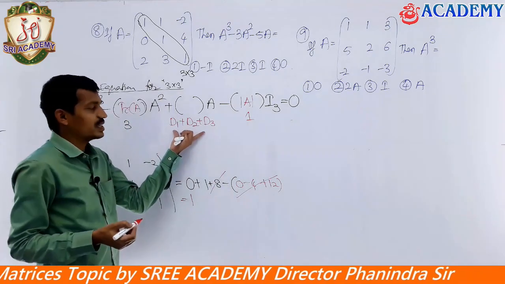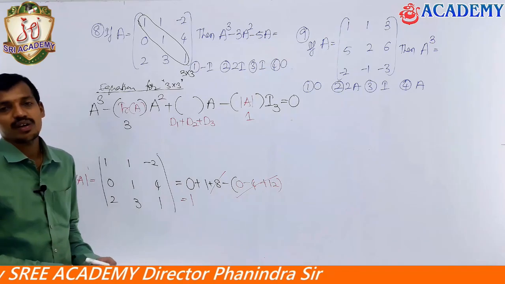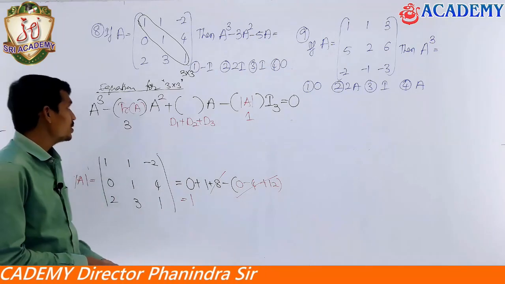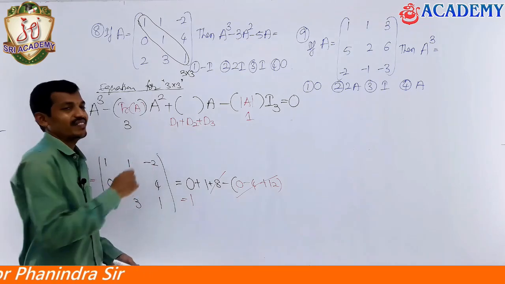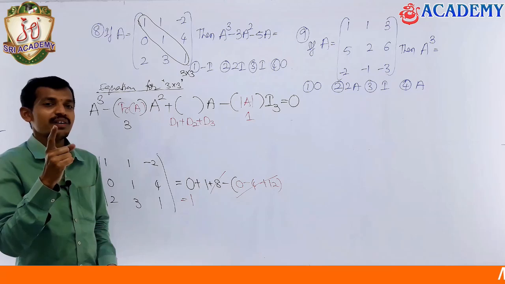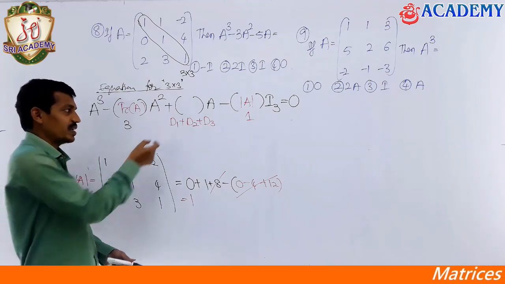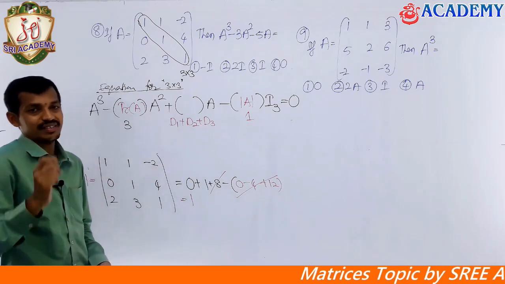Here we require the determinants of 3 matrices. What are they? I am showing them here, just follow me. The first matrix determinant, that's why I represented it with D1. This is a 3 by 3 matrix, that's why we got 3 matrices.